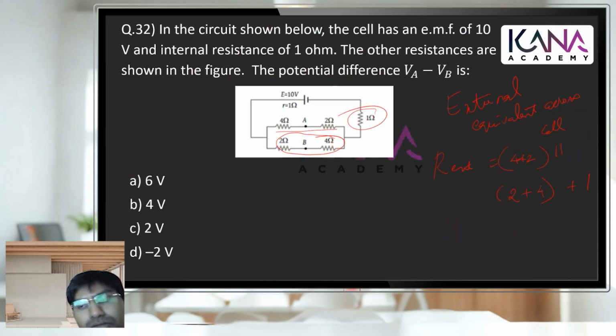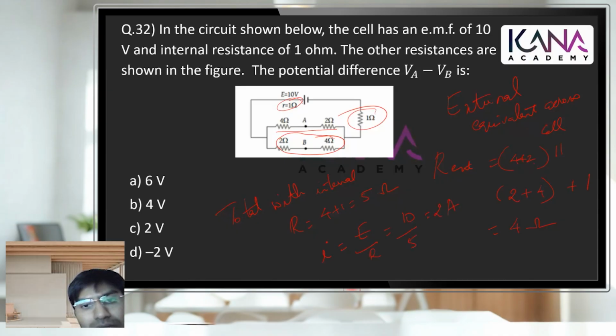Okay. So if we solve all this, one by one, we will get the external as 4 ohms. Okay. So total with internal, because the small r is 1 ohm, it will be 4 plus 1, it's 5 ohm. So the cell current I will be E by R, so it is 10 by 5, it will be 2 amps.